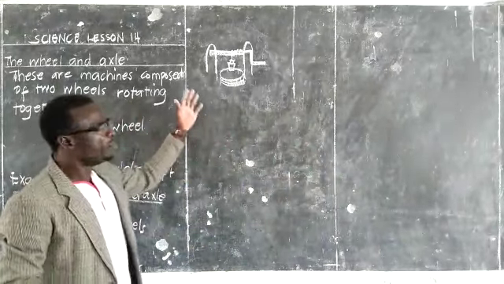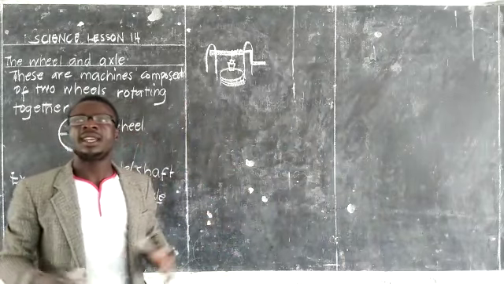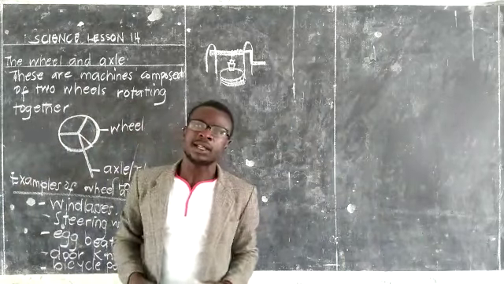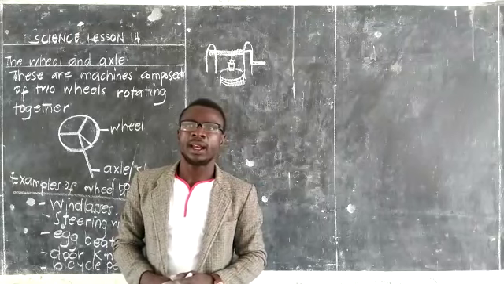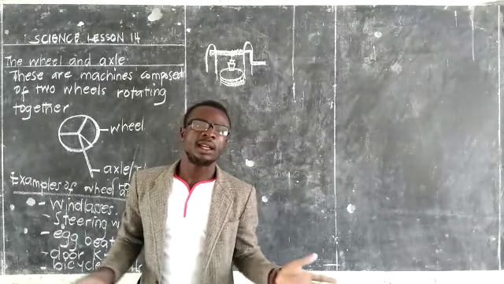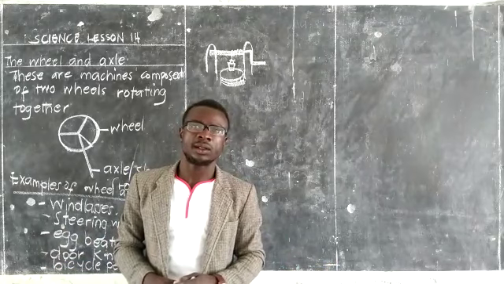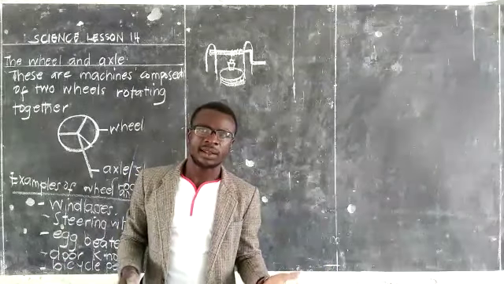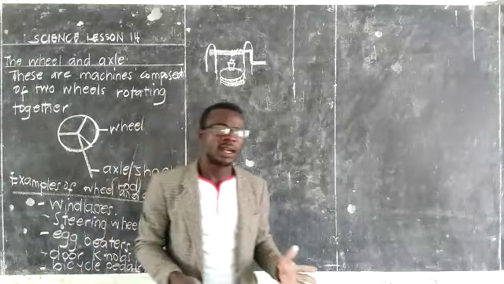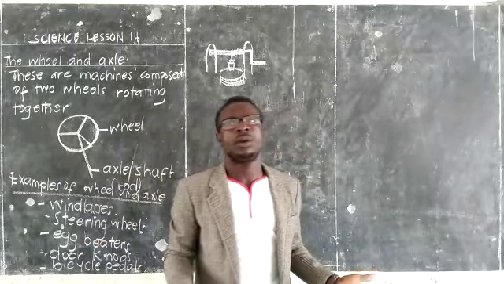Big vehicles have large steering wheels. This means that the larger the wheel, the easier the turning of the vehicle.